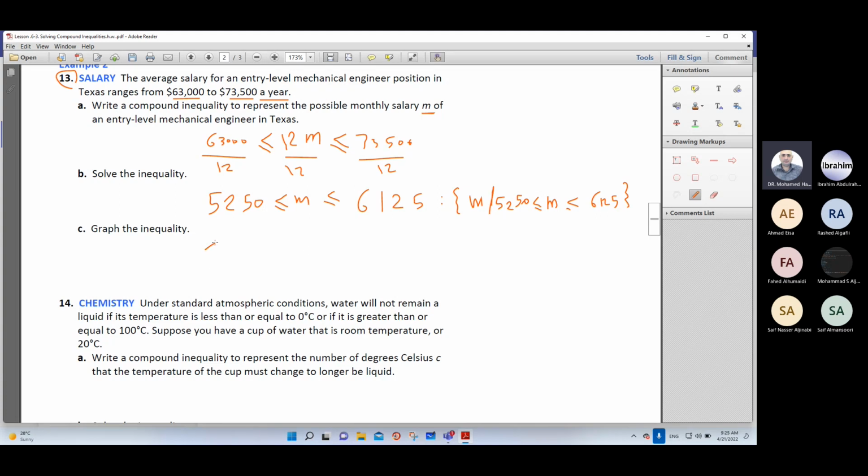Then we want to graph. Here we have 0. We represent the first value here. For example, will be here 5,200. We want to use shaded circle because here we have equal.